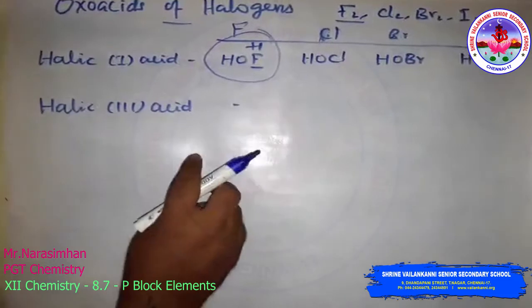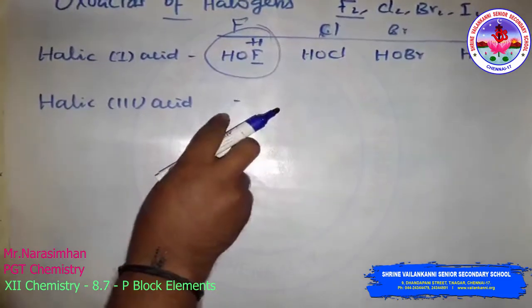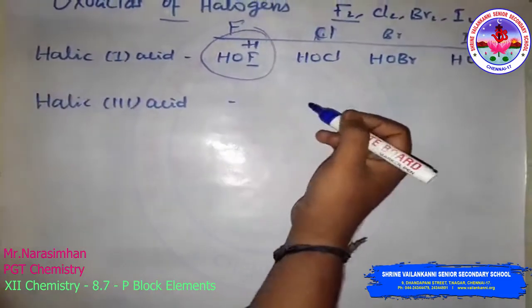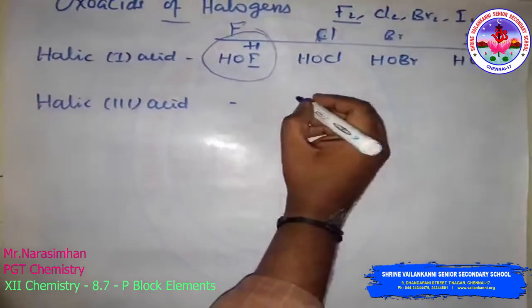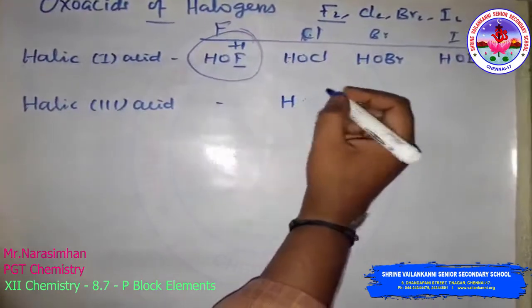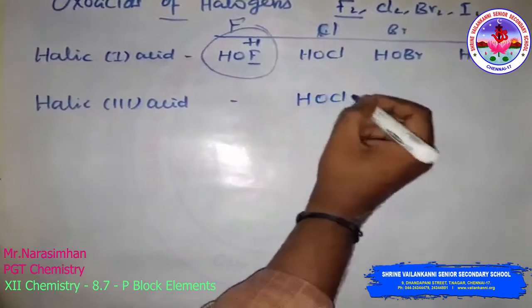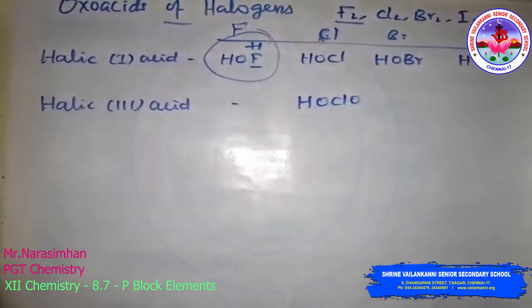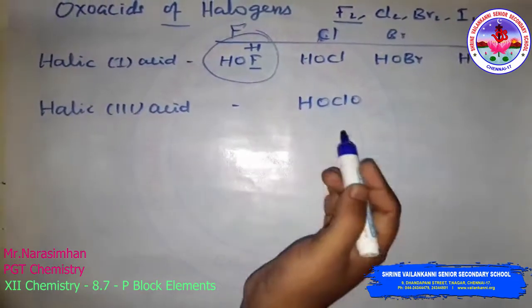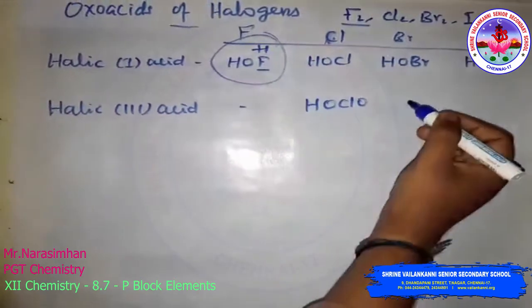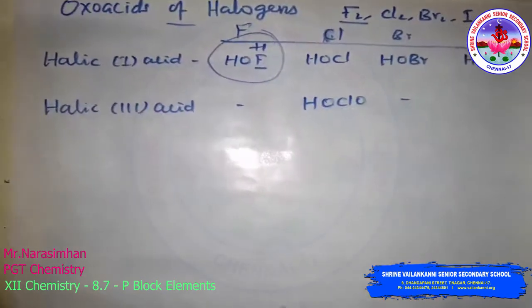For the halic 3 acid, fluorine is not possible. For chlorine, that is chlorous acid, HOClO or HClO2, whatever you write. This is called chlorous acid, and bromine and iodine are not possible.